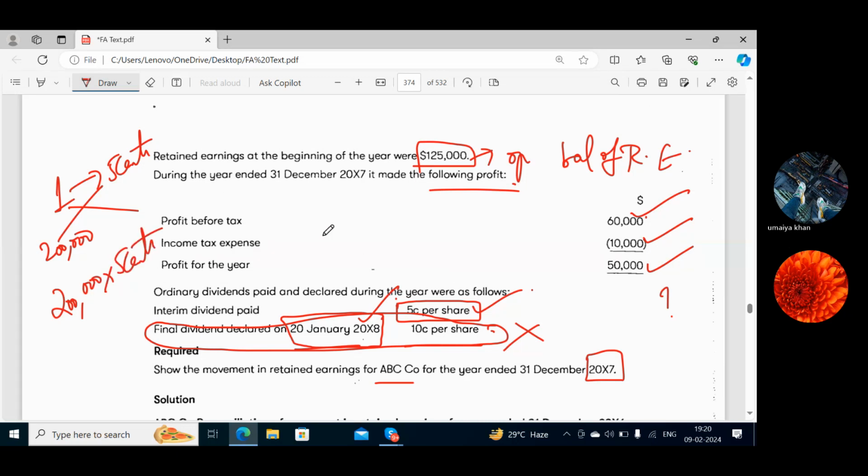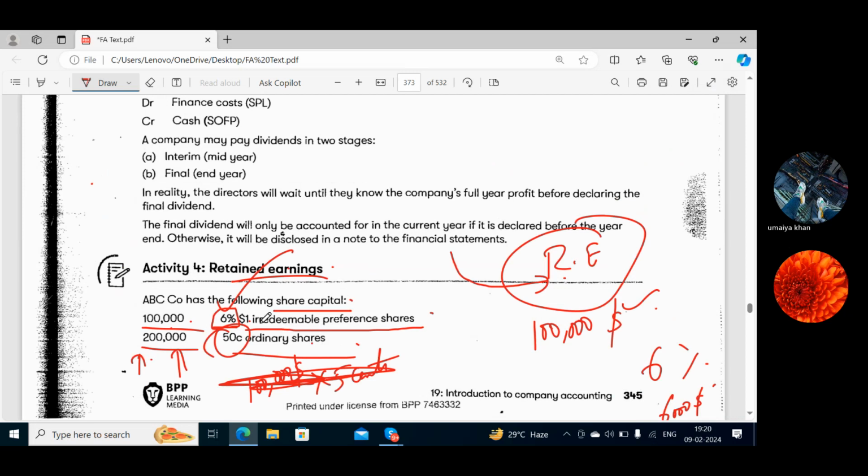And previously also 100,000 was the redeemable preference shares into 6%. So when there is a percentage, see there are two things here which you need to understand. Here they did not give the per share how much dividend they are going to give. Here they gave percentage.